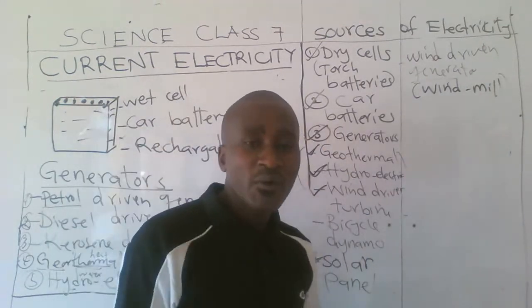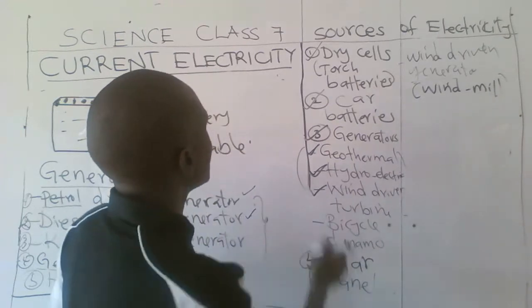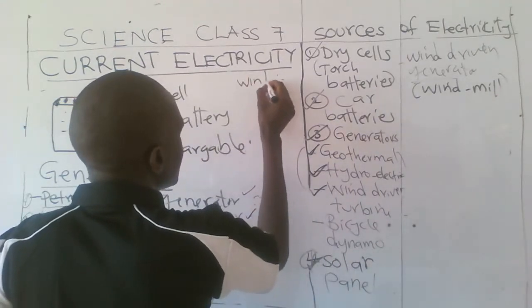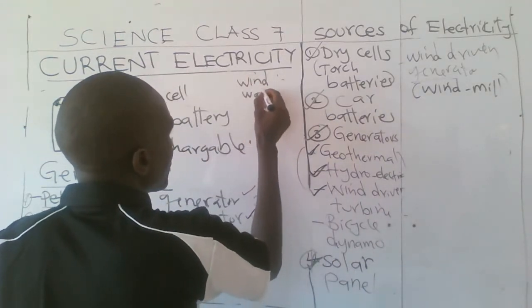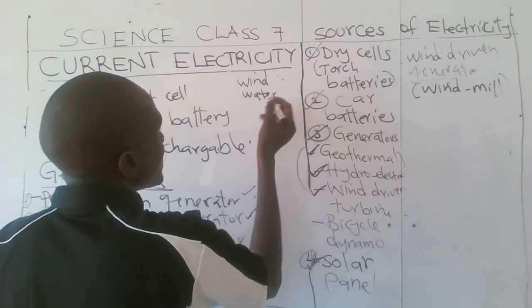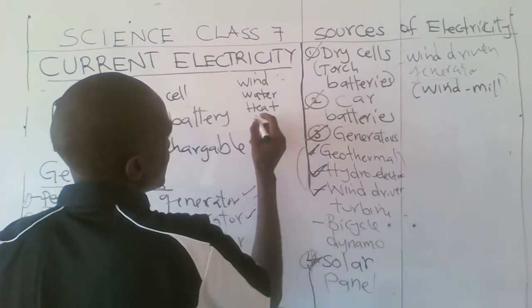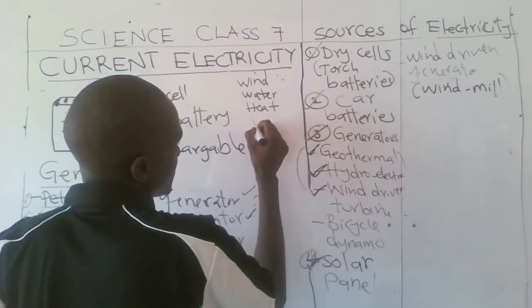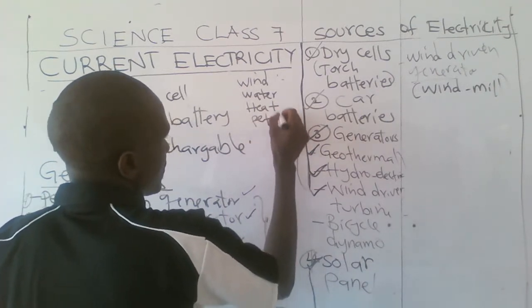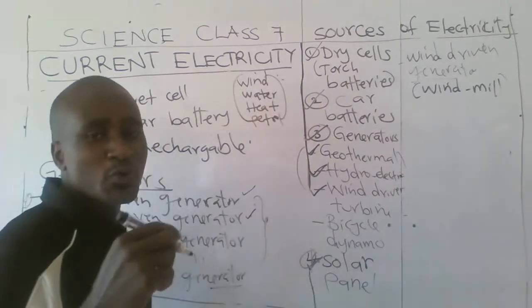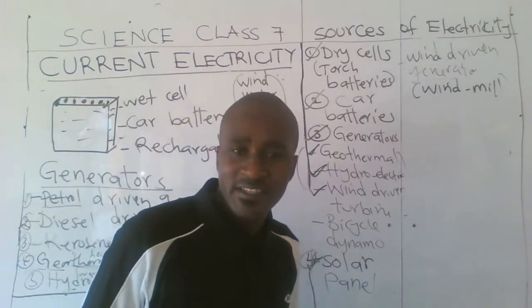So the work of the wind, just like water, just like thermal, which is heat, just like petrol, these things do not produce electricity.